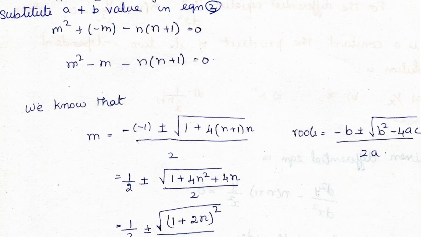Now we can find the roots of this equation by using the formula (−b ± √(b²−4ac))/2a. Here a value is 1, b value is −1 and c value is −n(n+1).